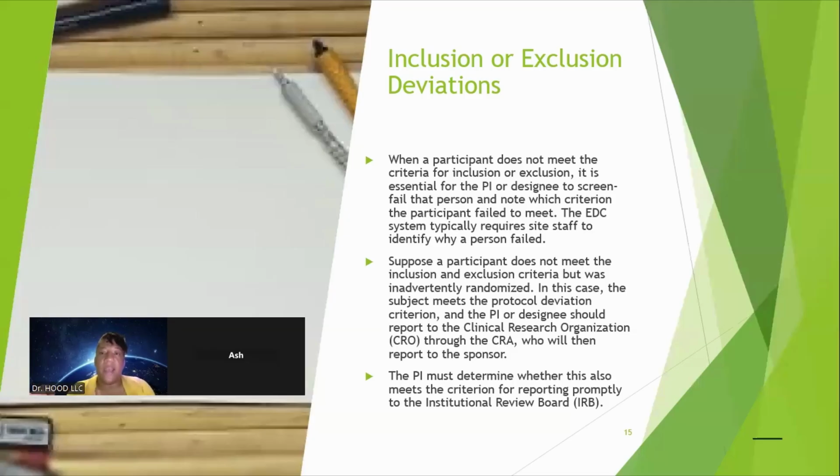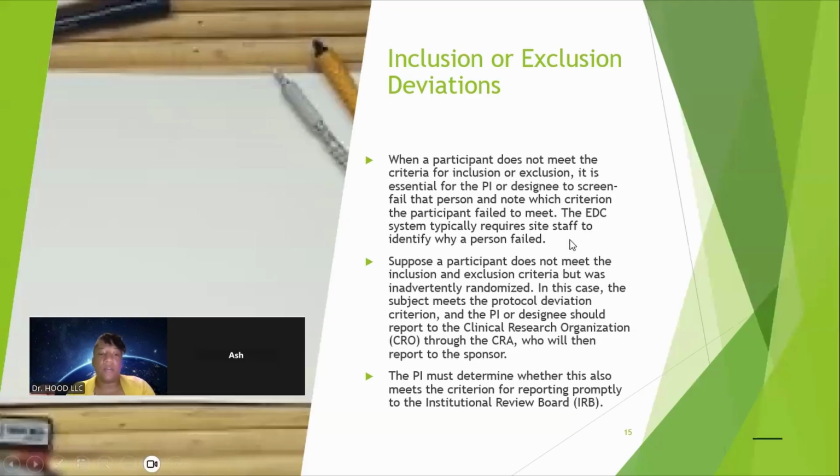As the CRA, we have to investigate why this happened. Then we have to have that conversation with the principal investigator. If we find out it was him or her who said they reviewed the inclusion exclusion criteria and the medical records, it's probably going to prompt you to double check everybody else. That one patient's mistake might make you go back and look at everybody else just to make sure.